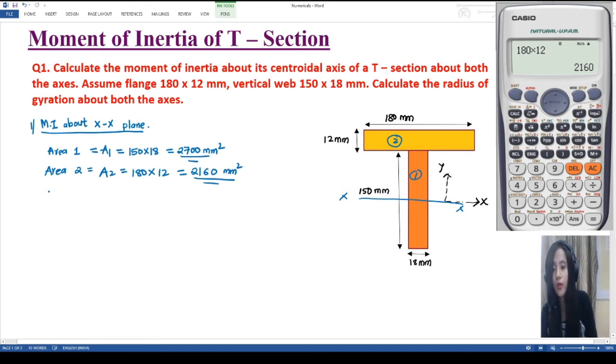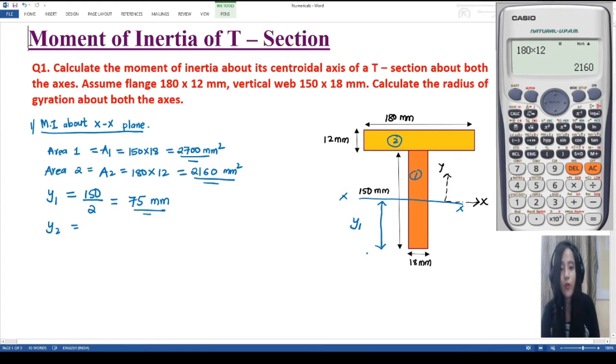Now let's find out y1. Y1 for this web section will be half the distance of this web, from here to here. So this will be my y1, and this will be equal to 150 divided by 2, which is 75 mm. Next, let's find y2.